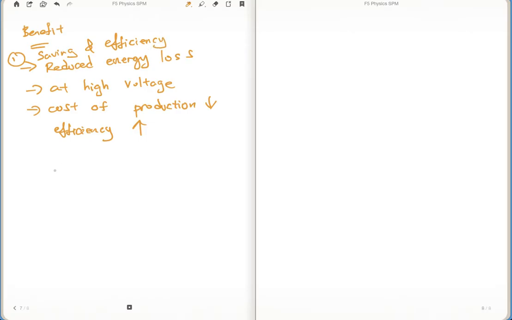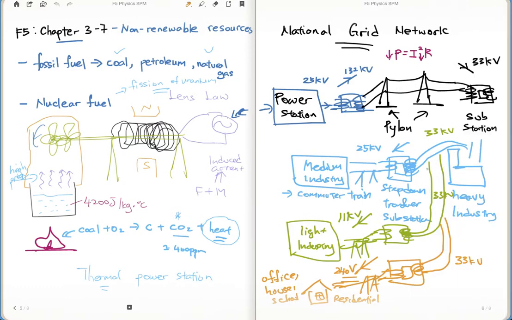Another benefit would be energy management. In the event of any breakdown or interruption at any point, if this part is interrupted, the rest would still be working.